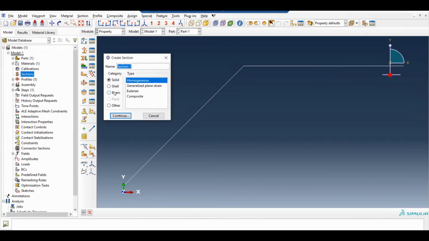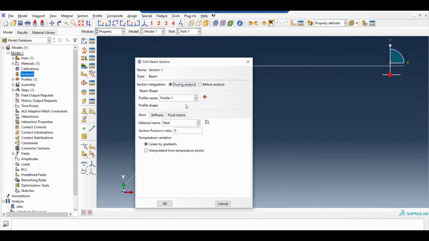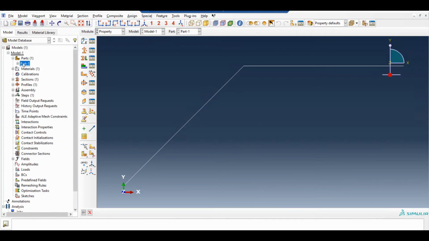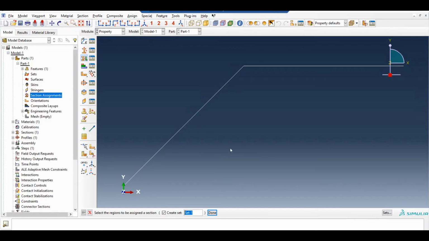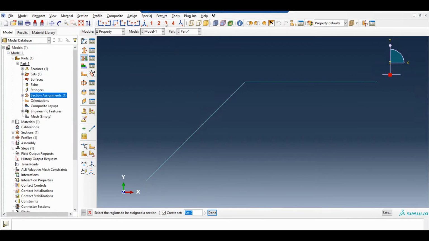Okay, now let's create our section. Section 1, go to beam, select beam, profile 1. There is our beam profile with the given dimensions. This is 0.3. Say OK. Now let us assign this section to our part. Section assignments. Select all of it. Done. OK. Now we have to assign beam orientation.